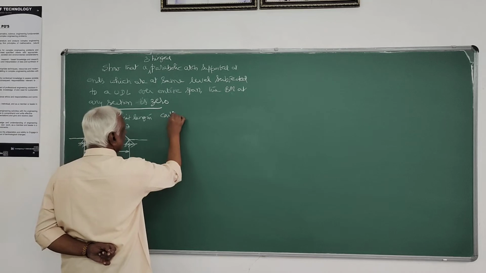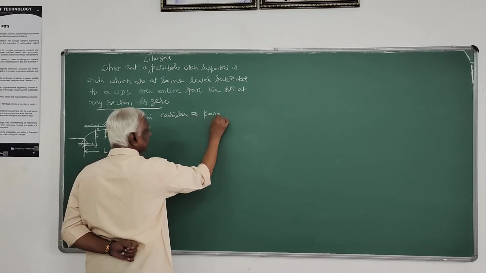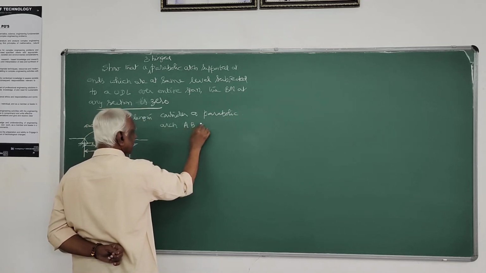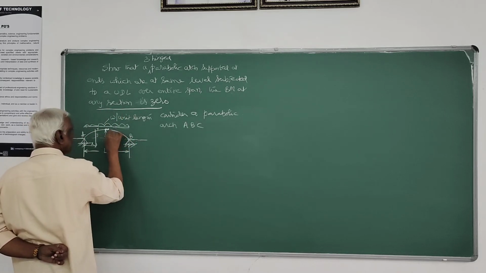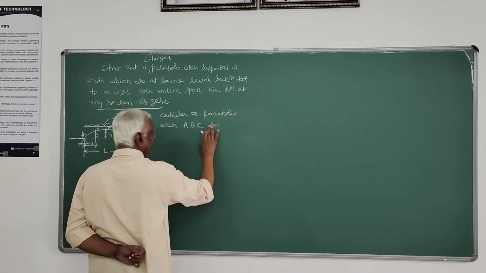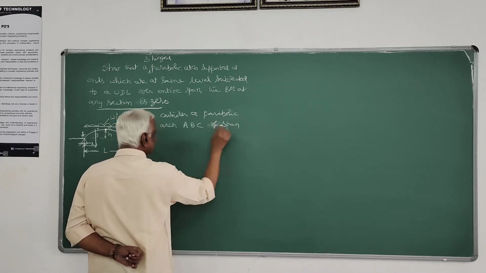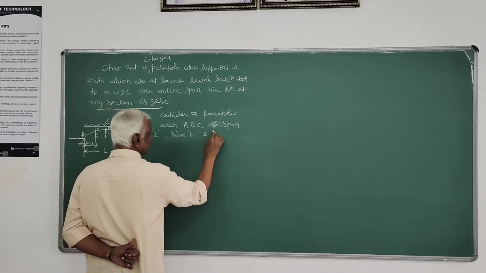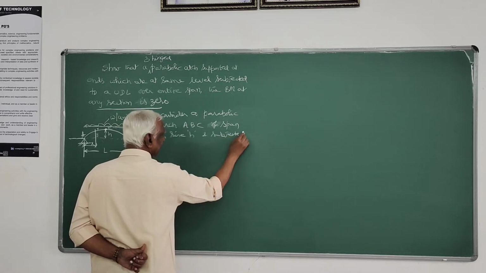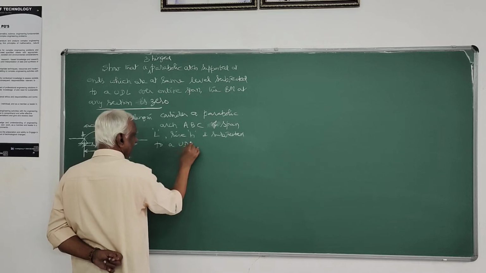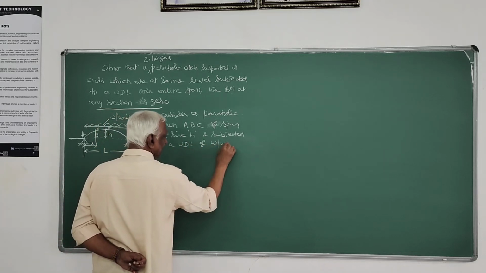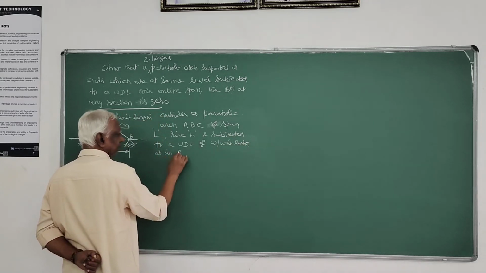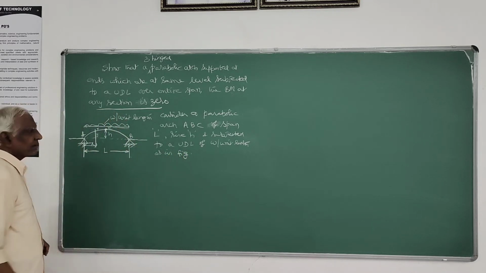So consider a parabolic arch A, B, C, of span L, rise H, and subjected to a UDL of W per unit length, as in the figure.